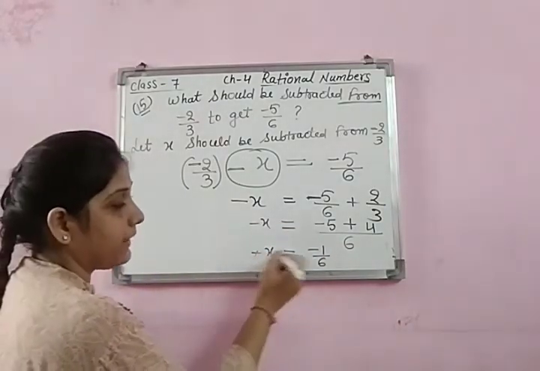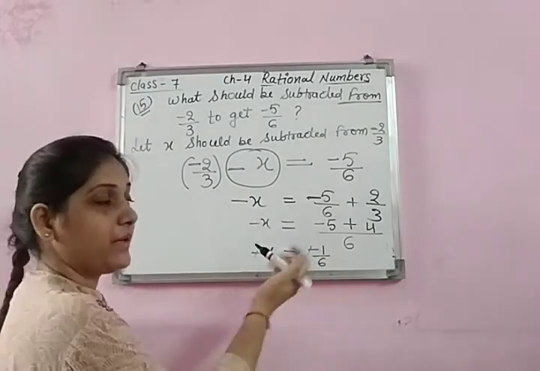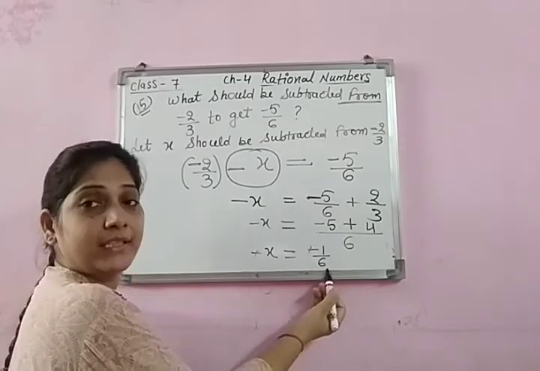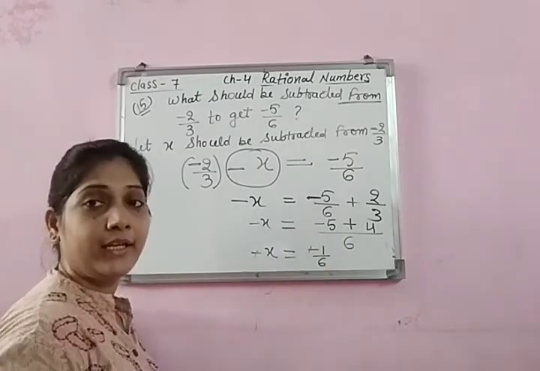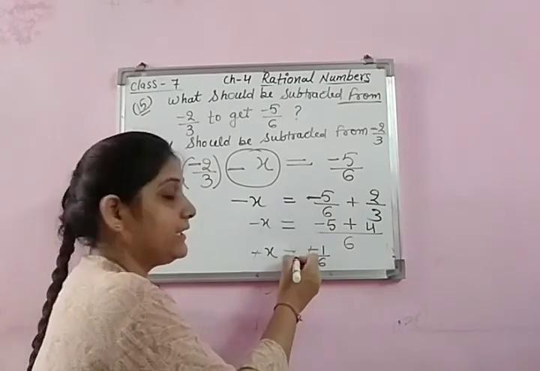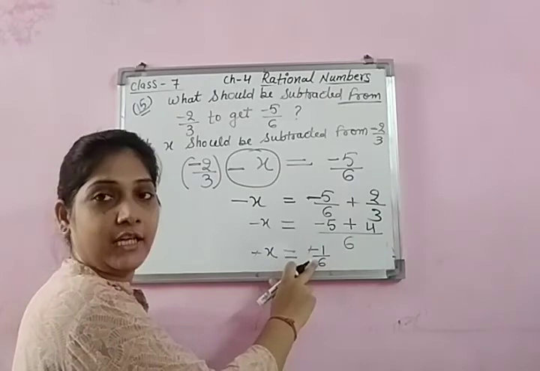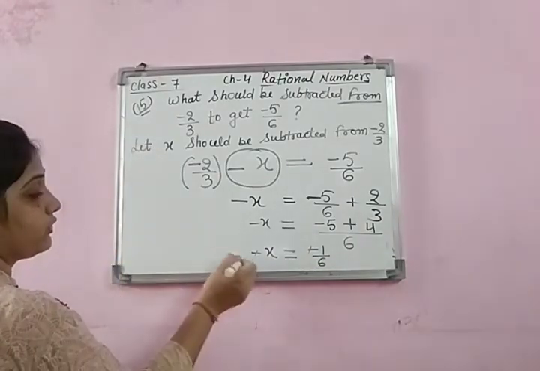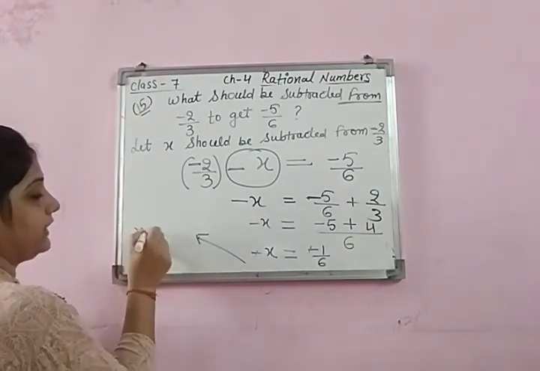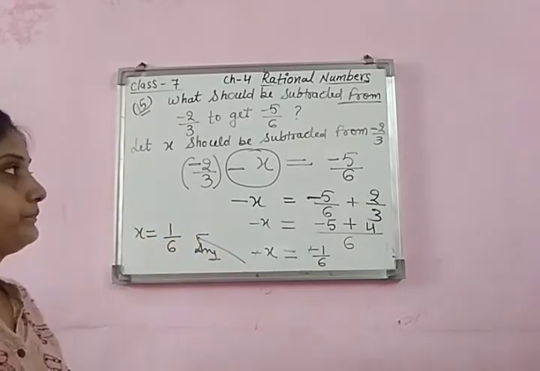Now on both sides minus can be cancelled out, because it is minus on both sides, you can shift this minus to the other side. So minus will cancel. What I want to say is that if there is an equal sign and the same sign is there, they will be cancelled out. So what will be the answer? Because we need to find the value of x only. So the value of x is 1/6.